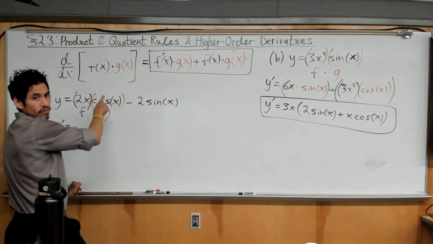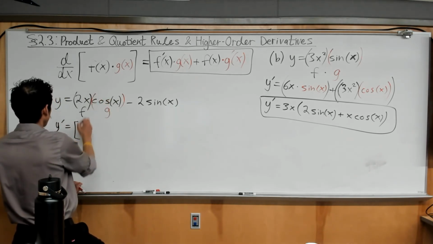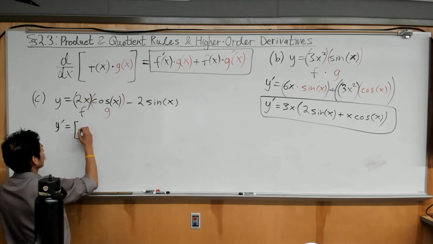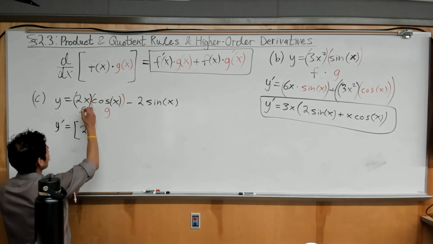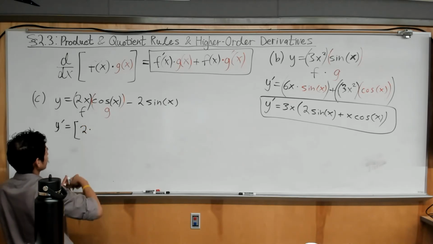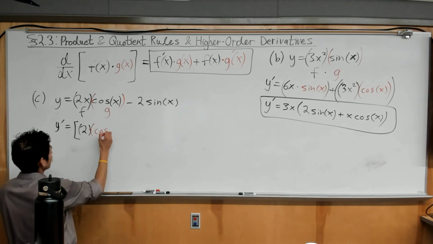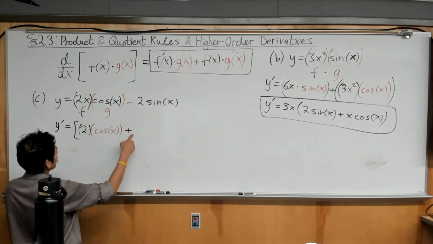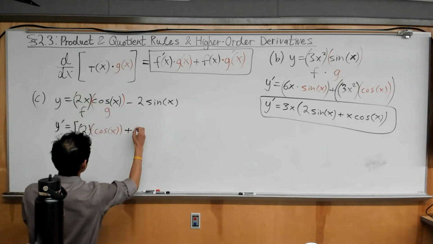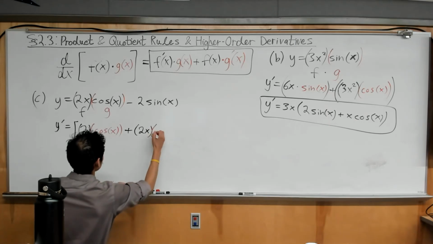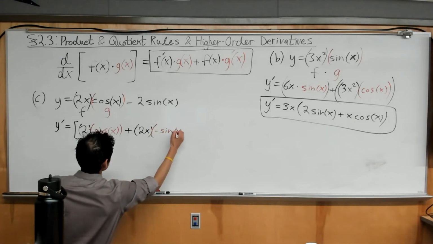So if we're taking the derivative of this, we'll have the derivative of 2x, the derivative of f, which is 2, times, leave g of x as is. Now added to f, leaving f of x as is, so 2x times the derivative of the cosine of x, so the negative sine of x.